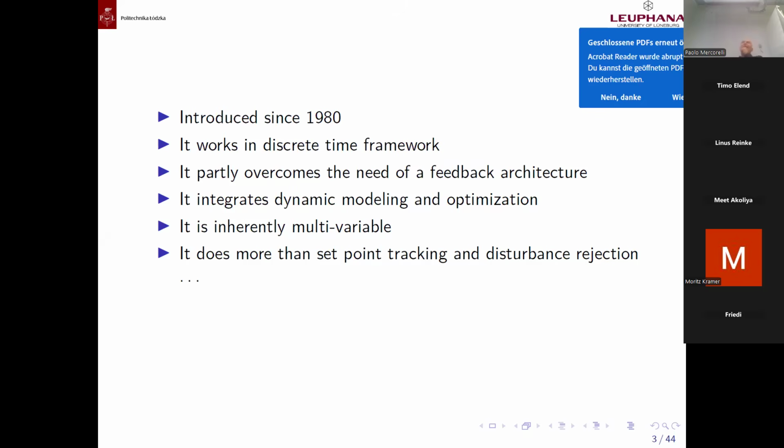This means it's a relatively new method. Please pay attention, it works in a discrete time framework. I think I didn't tell you about that at this moment, but we will see very quickly what I mean by the term discrete time framework.